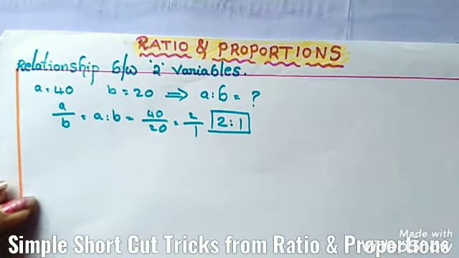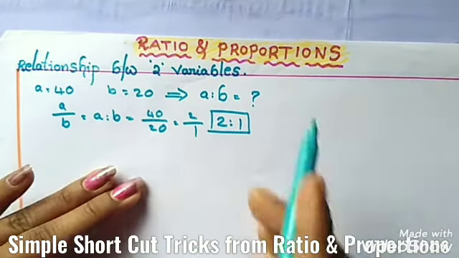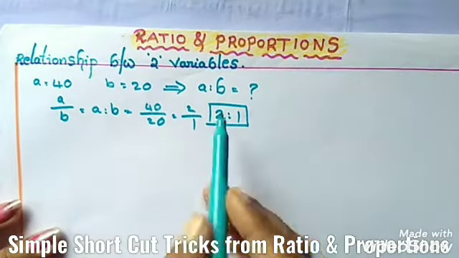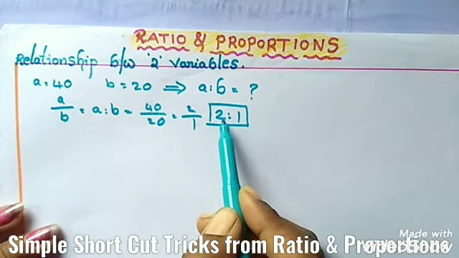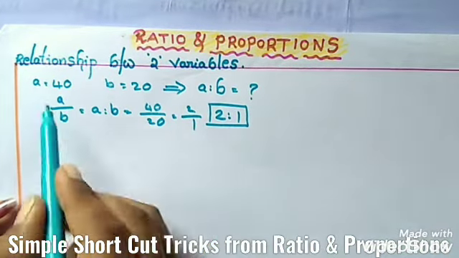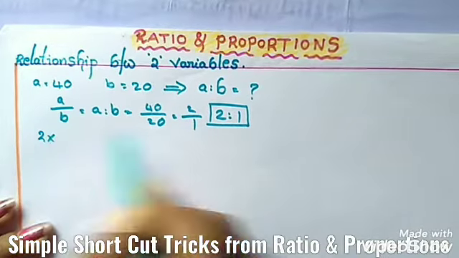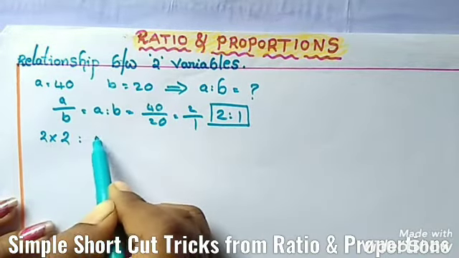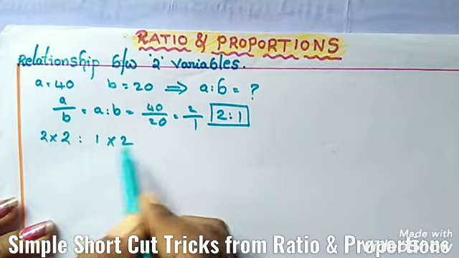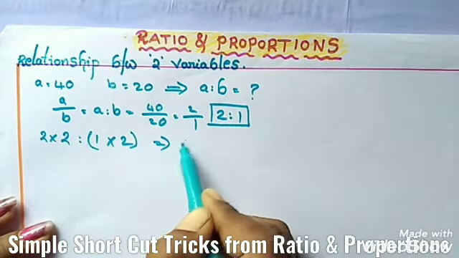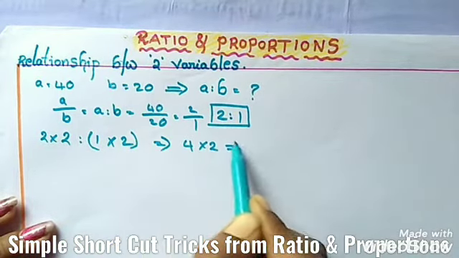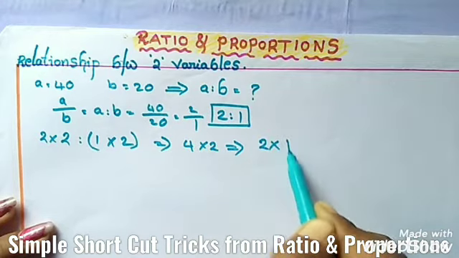Suppose, students, you can see here, multiply this ratio by 2. Here are the numbers 2 is to 1. If you multiply these numbers by 2, 2 into 2 is to 1 into 2, that is 4 is to 2, which implies 2 is to 1.